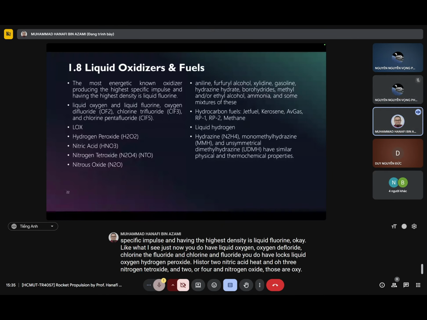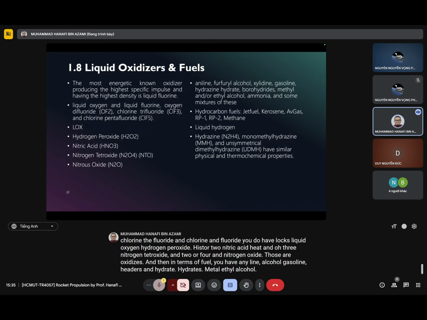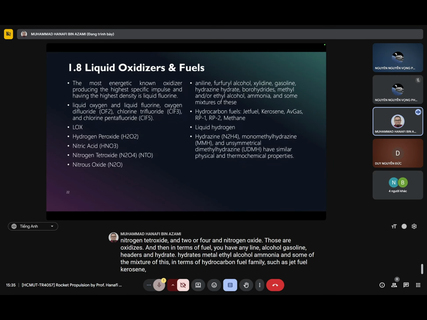Those are oxidizers. In terms of fuel, you have aniline, sulfuryl alcohol, gasoline, hydrogen hydrate, borohydrides, methyl and ethyl alcohol, ammonia, and some mixtures of these. In terms of hydrocarbon fuel, families such as jet fuel, kerosene, aviation gas, RP1 and RP2, and also methane.